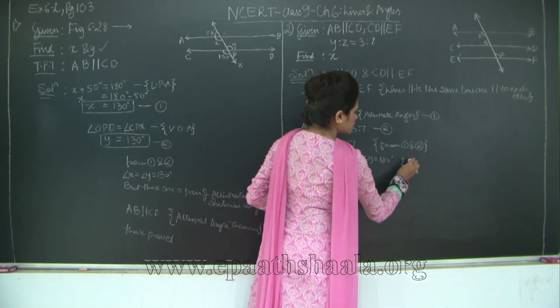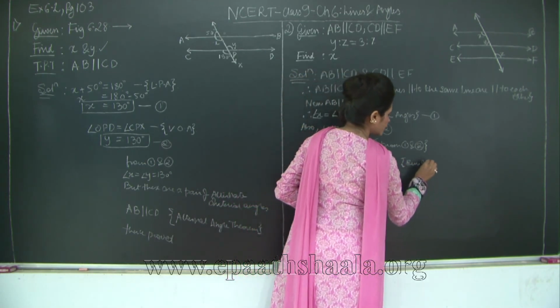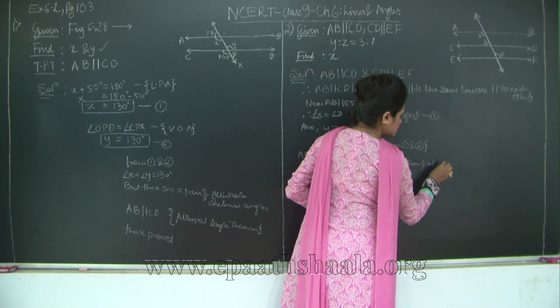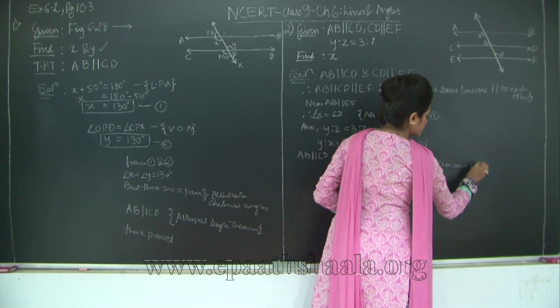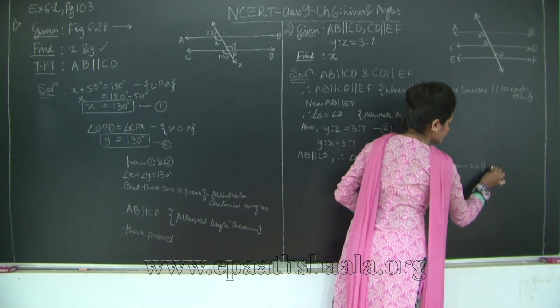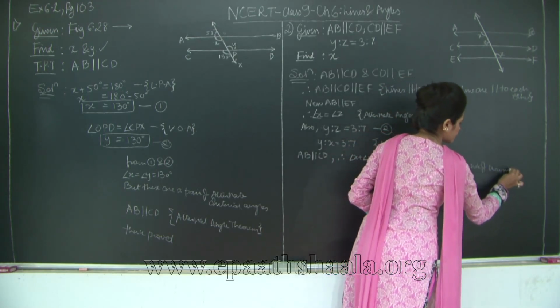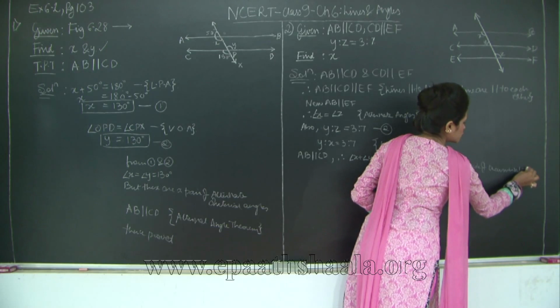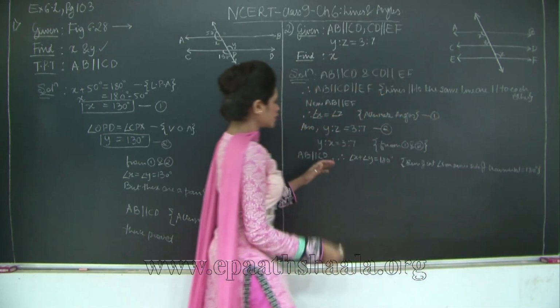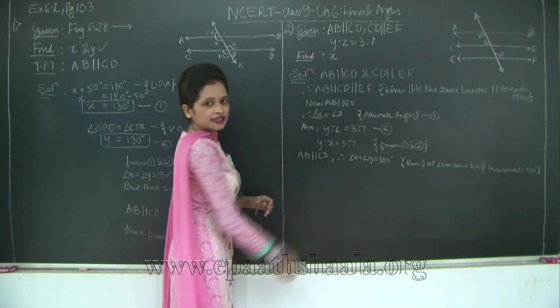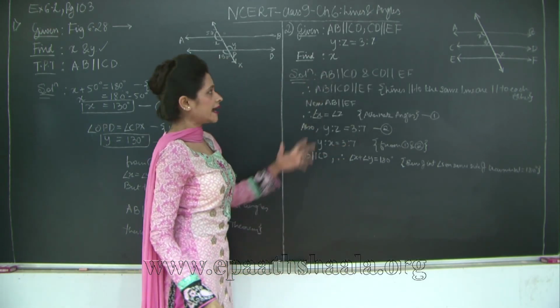Why? Sum of interior angles on the same side of the transversal is equal to 180 degrees. Correct? So now using this data and this data, we can find the values of angle x and y.